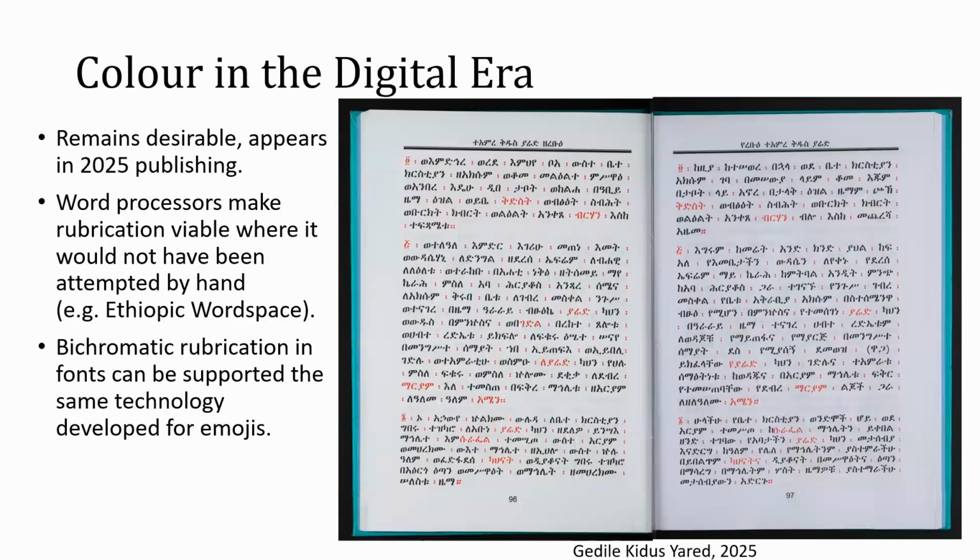So, okay, we've arrived back with the book. What makes this book interesting to me is the Ethiopic word space is red throughout the book. And you would never do that by hand. It's just too tedious, too labor intensive, too error prone to switch pens and rubricate all the word spaces.